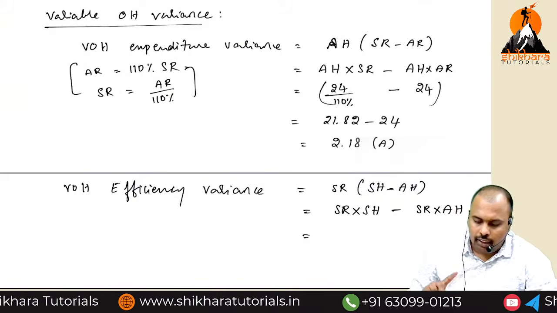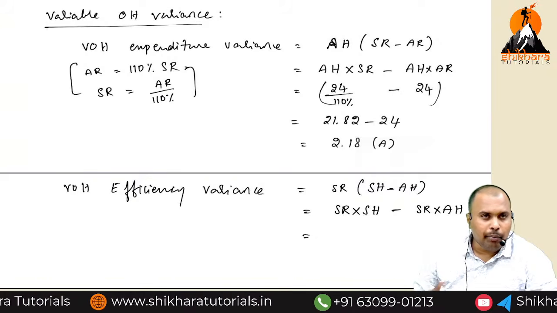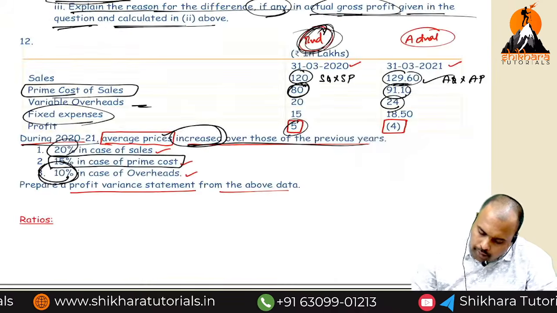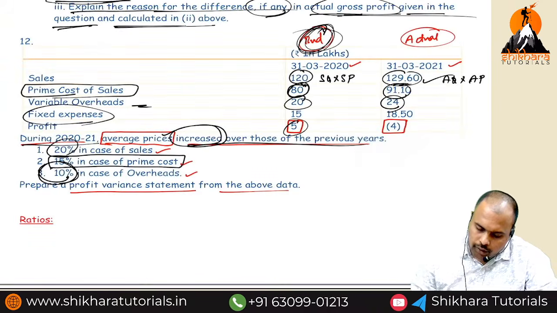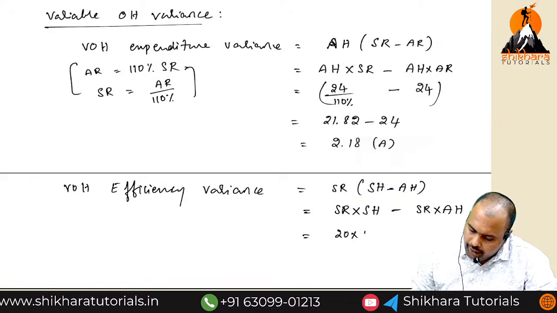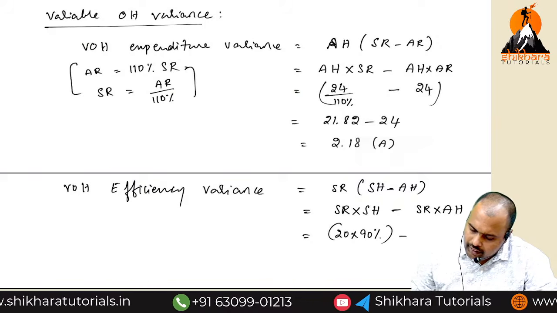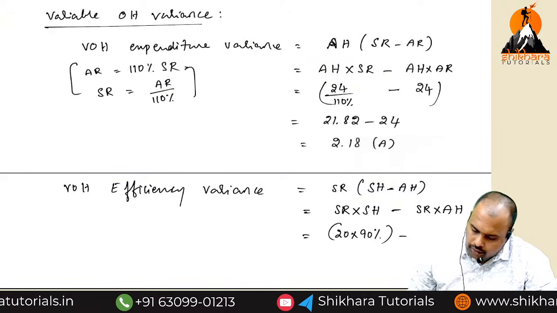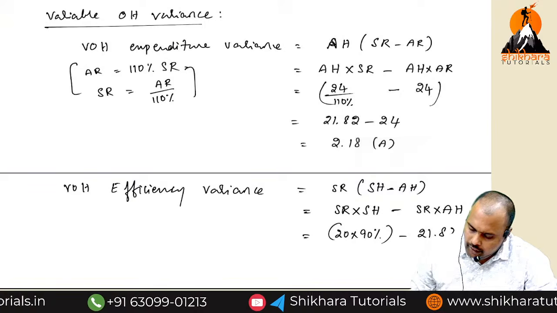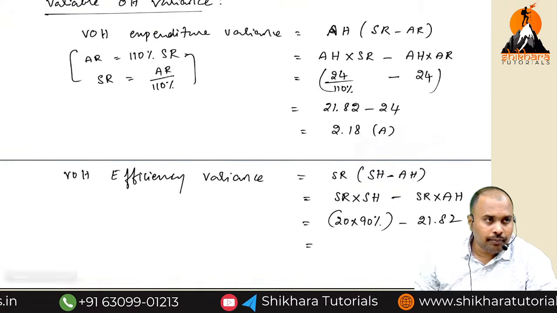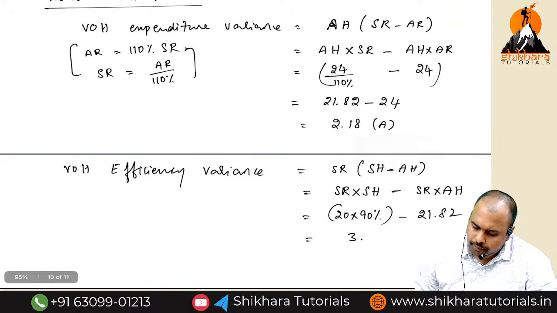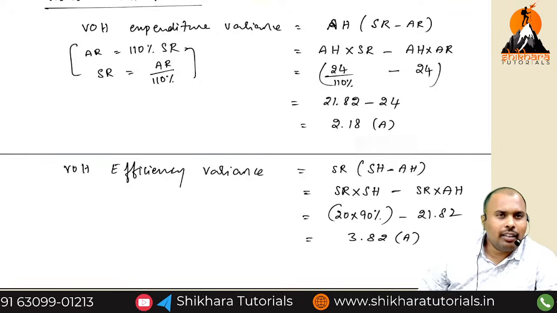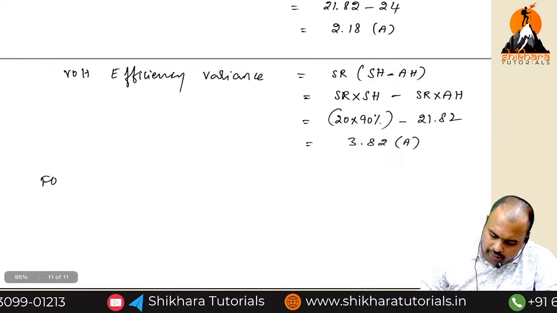I know SR into BH, because standard rate and budget rate are the same, but ours is 90% of BH. So what is budgeted cost? 20. So it has to be 20 into 90% minus SR into AH, which I already got here, 21.82. So the net answer is 3.82 adverse. Clear?